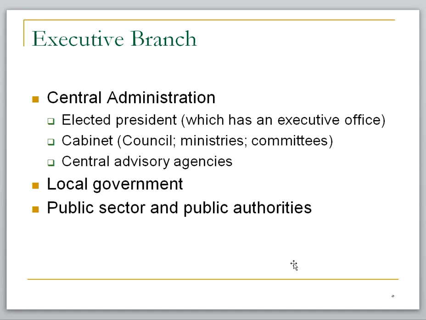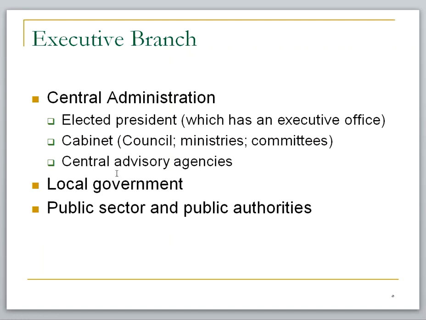For the executive branch, which is the central point in our chapter, we have the central administration وفيها الرئيس elected president which has an executive office, طبعا له مكتب أساسي للرئاسة, and the cabinet اللي هو مجلس الوزراء consists of the council, ministries and different committees that report to the cabinet.